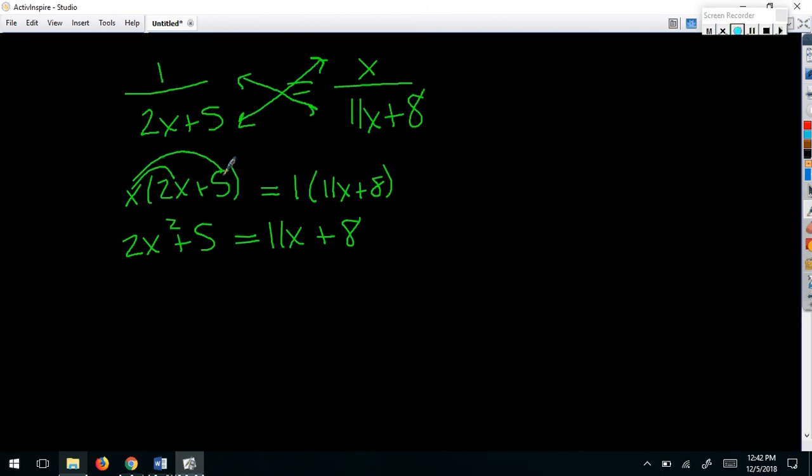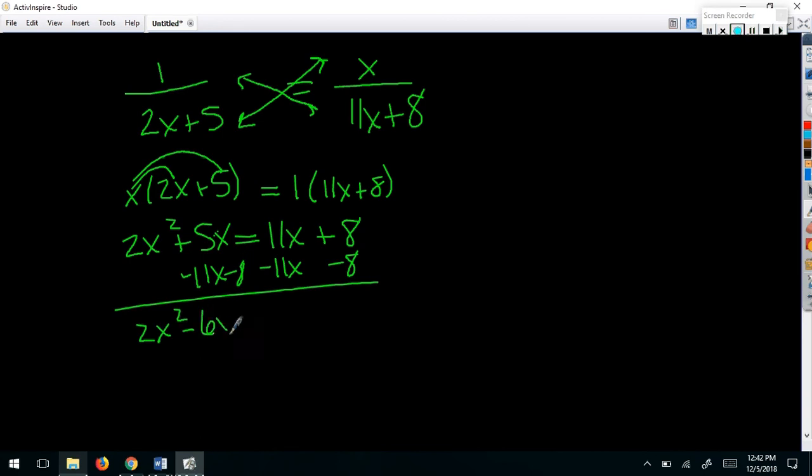You didn't write that. Look at the pen. It doesn't want to write that x today. I'm going to move this 8 at the same time also. I have 2x squared minus 6x minus 8.